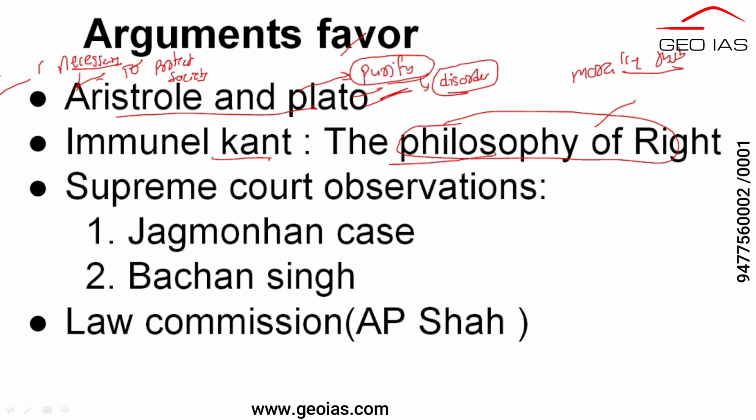After taking these political scholars' opinions, let us see our Supreme Court's observations too. The Supreme Court in Jagmohan versus State of Uttar Pradesh upheld the validity of capital punishment, and even said that the procedures and laws in capital punishment were laid down as per Article 21, rule of law.